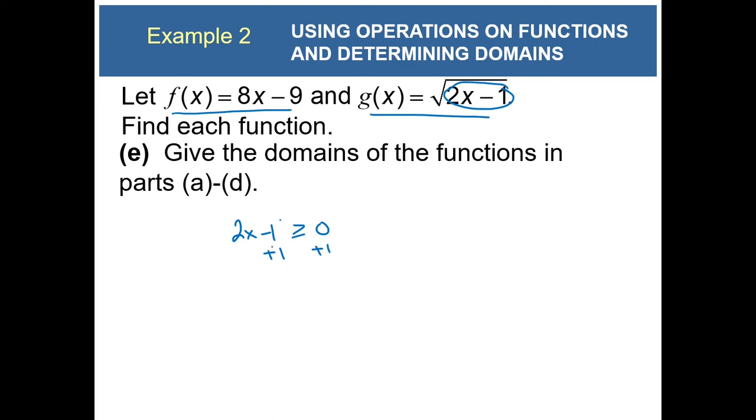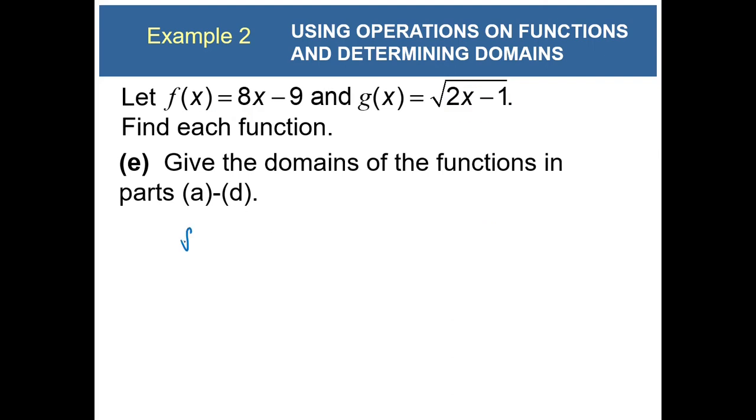Add 1 to both sides. 2x is greater than or equal to 1. Divide both sides by 2, and x is greater than or equal to 1/2. That means our domain for g of x is going to be from 1/2 to infinity. f of x is defined from negative infinity to infinity, and we know g of x is defined from 1/2 to infinity.